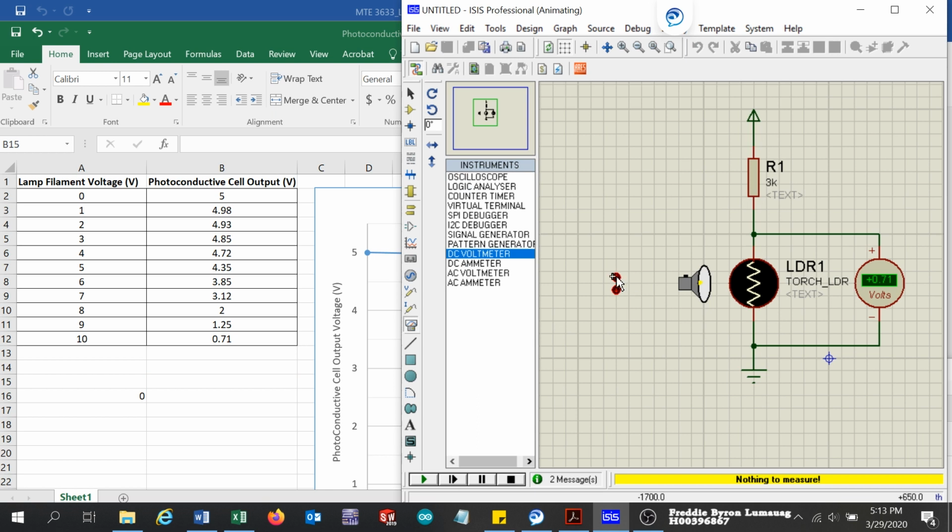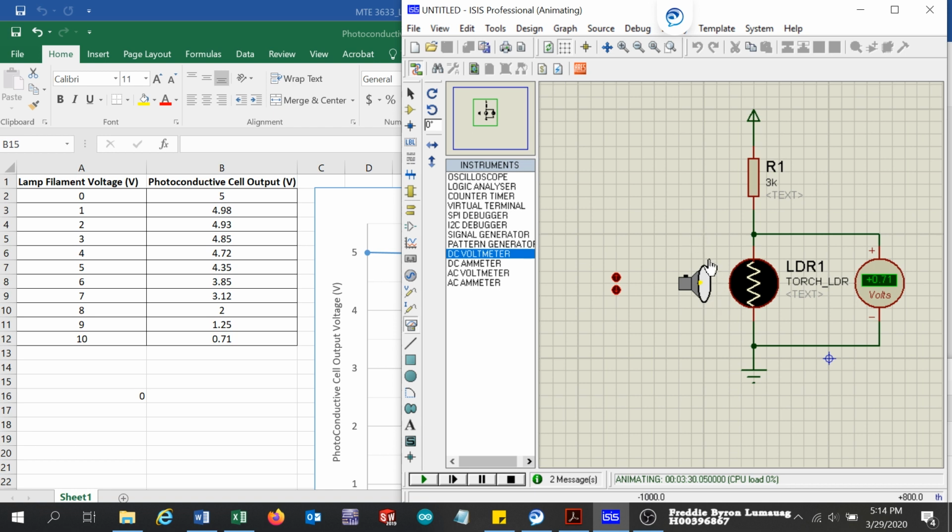Okay, so this is the last value. We cannot increase it further. So this is the nearest value, or that is equivalent to 10 volts supplied to the phototransistor.